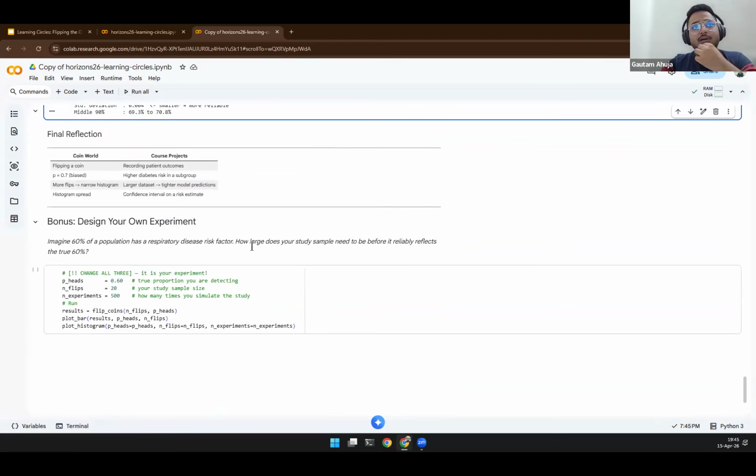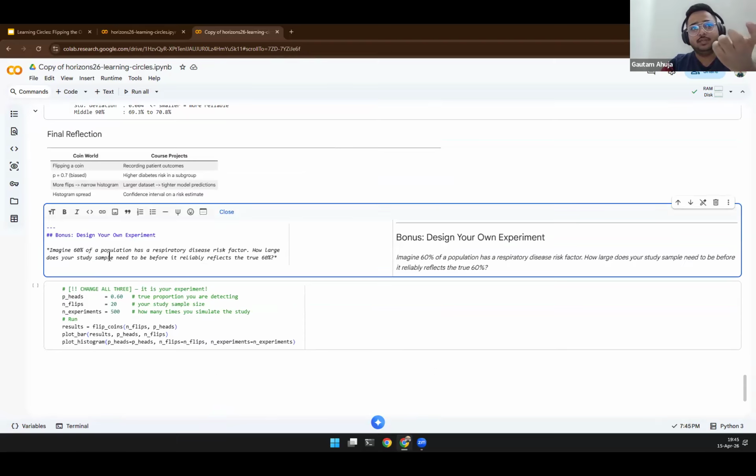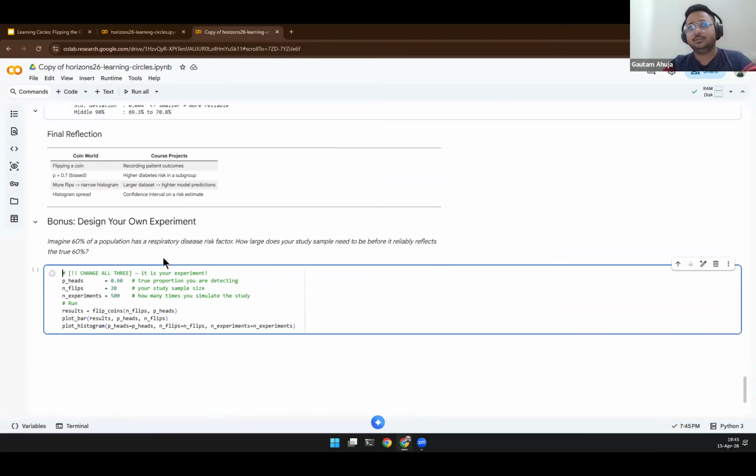Now I actually wanted to leave you with an experiment or a question of your own. The question states: imagine that 60% of a population have a respiratory disease risk factor. How large of a study sample do you need before you can reliably say that it reflects that 60% of the population?